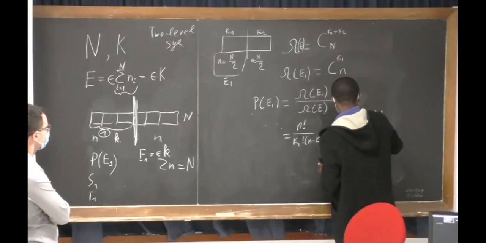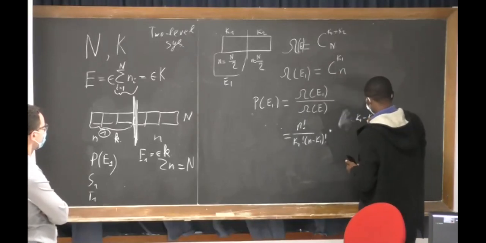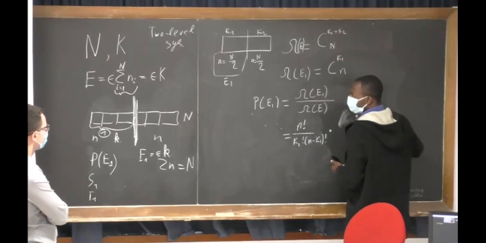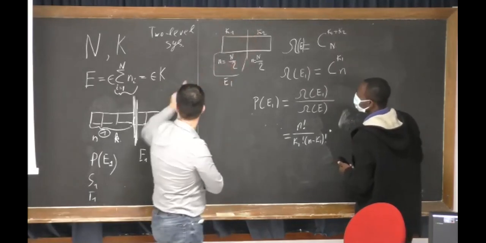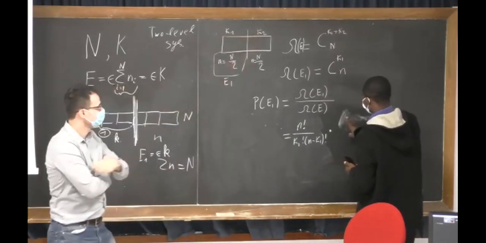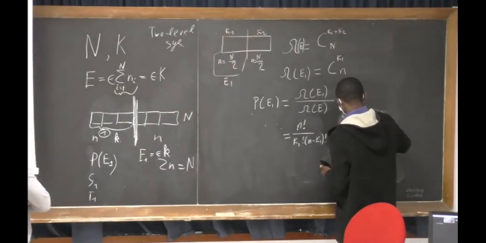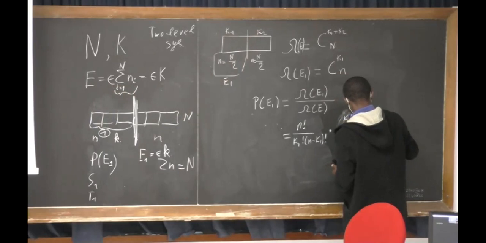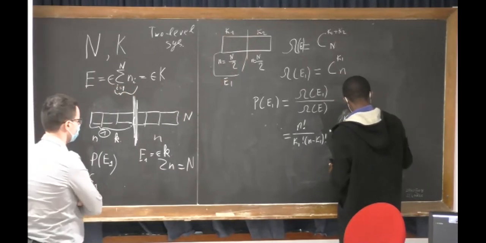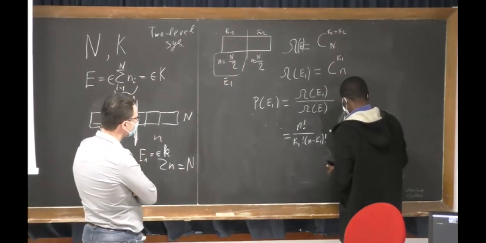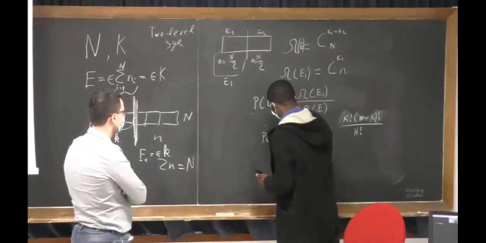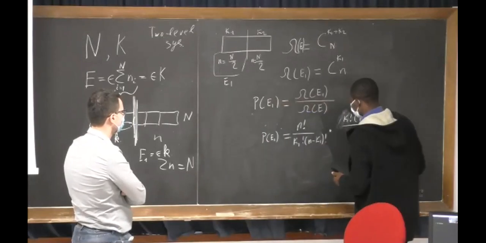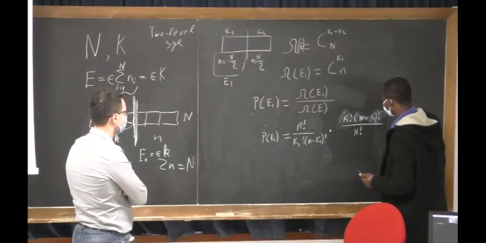It's just K, right? K1 plus K2 is K. So this plus this should give you this. This is the probability.